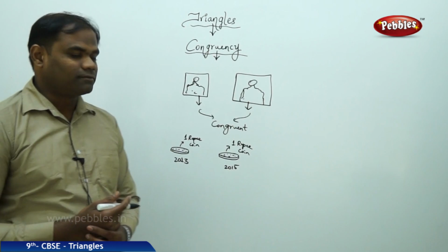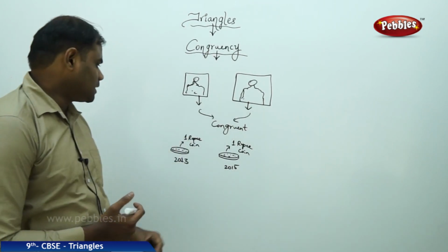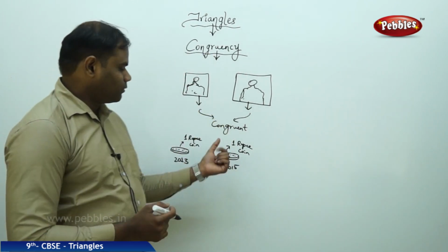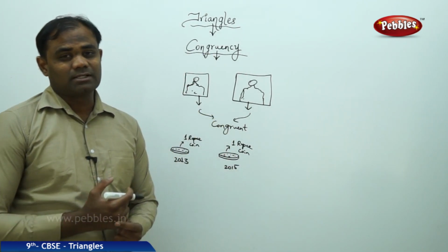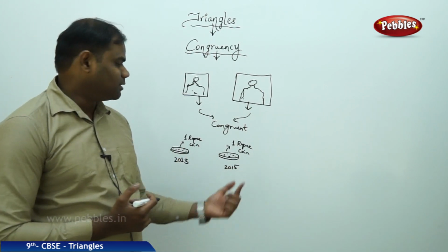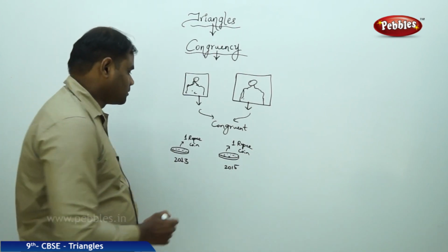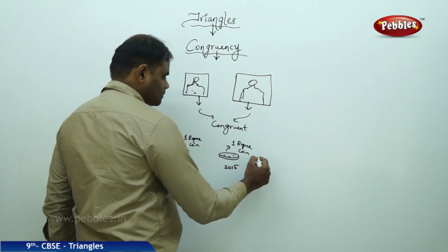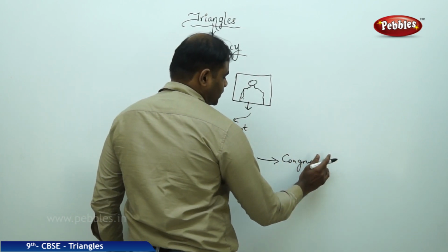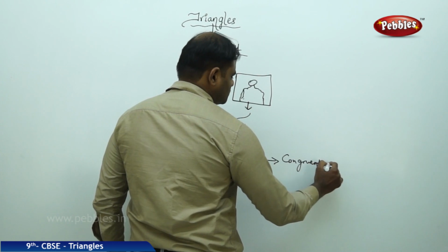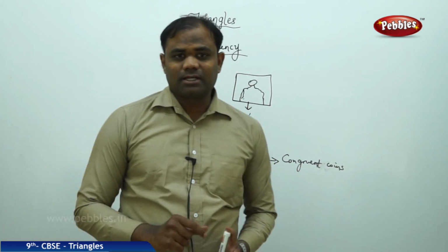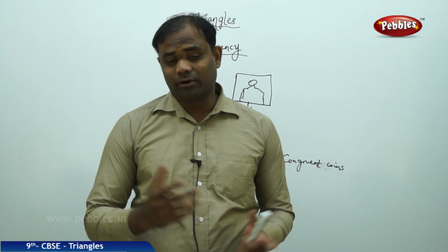Then these two coins are said to be congruent to each other, because when I put one coin over the other, the thickness and the size are same. When we look at them side by side, I only see the year being different, but the coins are same. So this is an example of congruent coins. Congruent coins are the coins which are equal in all respects.